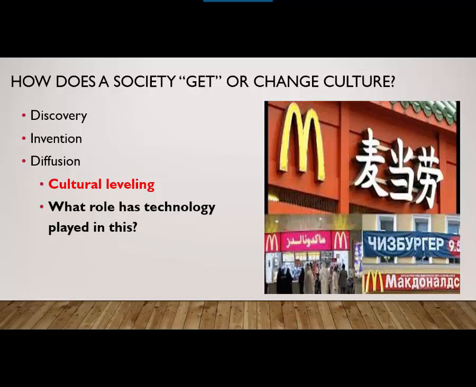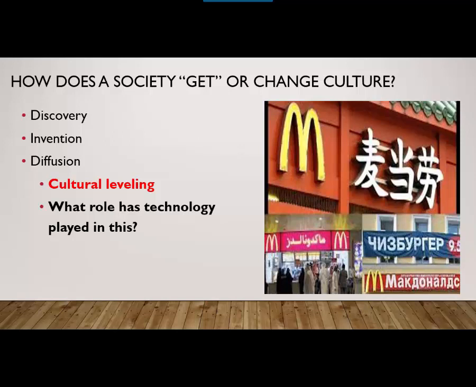And I don't want you to think about invention in terms of just actual inventions or the arts, movies and music and so forth. But also invention can be the creation of a gesture or slang or even just developing a new attitude towards something. All of that counts as, in fact, an invention.